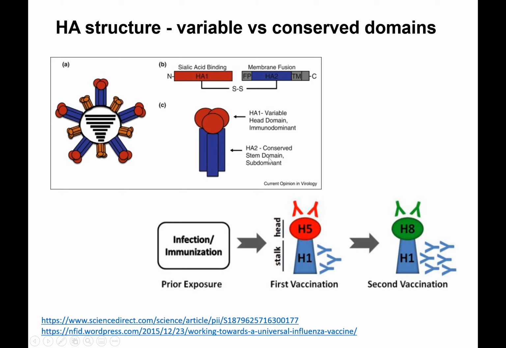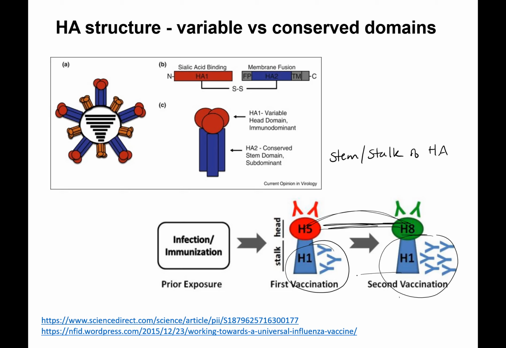The stalk or stem, so sometimes in papers it's referred to as the stem or the stalk of HA. Because it's more conserved, the idea is if you can make antibodies to that stem region, you might be protected against different types of influenza because the heads are the things that are changing and the stalk isn't changing.